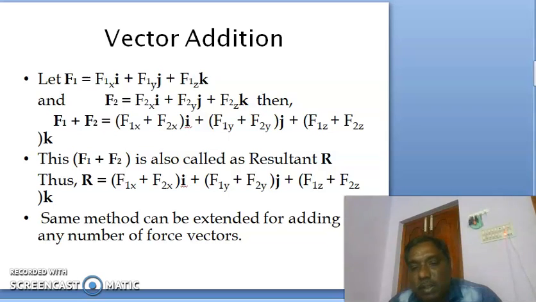The same method can be extended for adding any number of force vectors like F1, F2, F3, F4 and so on. Any number of vectors can be added very similarly, that is, by adding all the x components and grouping them under the i direction, adding all the y components and grouping them under the j direction, and adding all the z components and grouping them under the k direction.